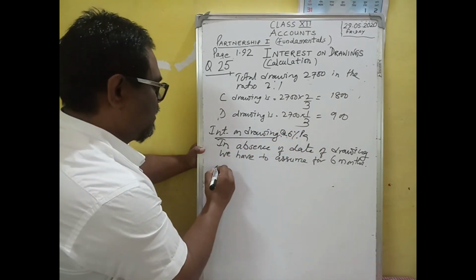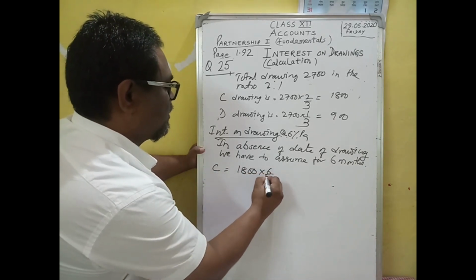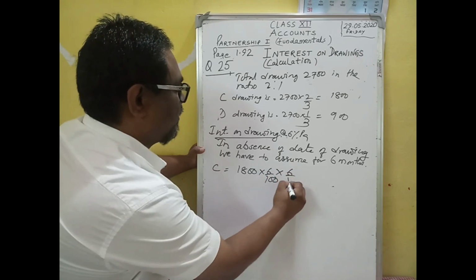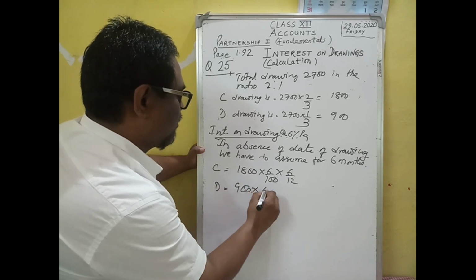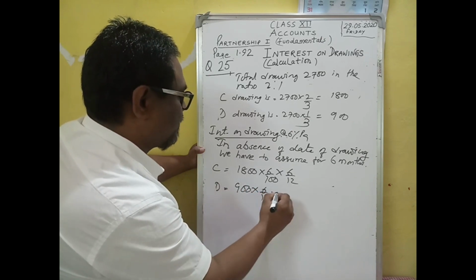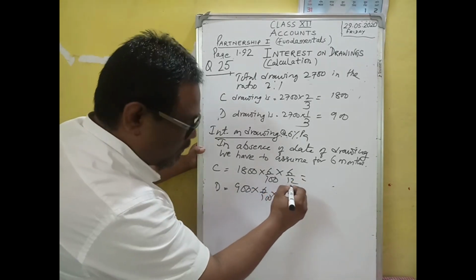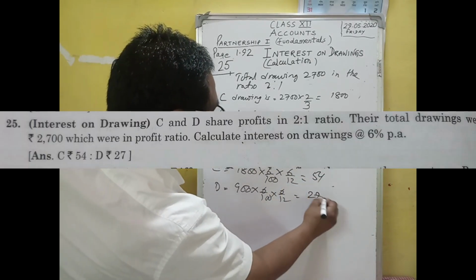So here, C interest on drawing is 1800 into 6 by 100 into 6 months, and D interest on drawing is 900 into 6% into 6 by 12. So here it comes 54 and 27.